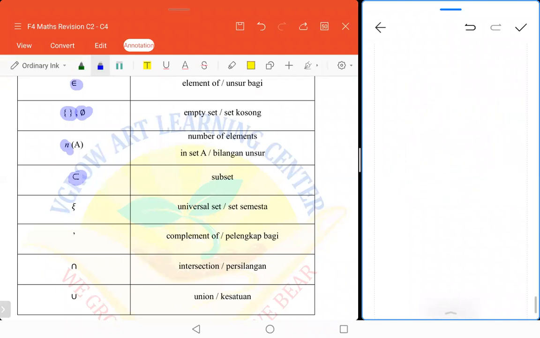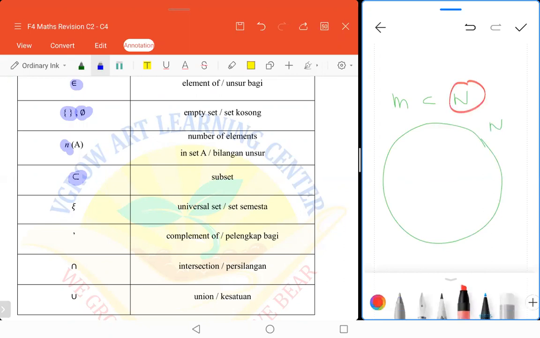Another example would be M subset of N. N is outside, then M is inside. So M ⊂ N. M is inside N.